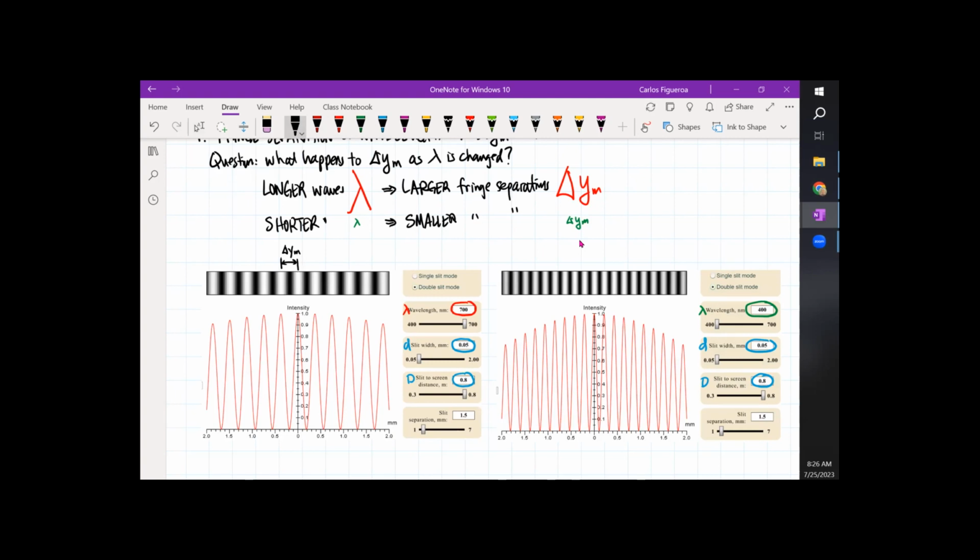You can see that this one is wider compared to this one, which is smaller. So I'm seeing the difference between the fringes, and then I'm looking at the intensity profile.